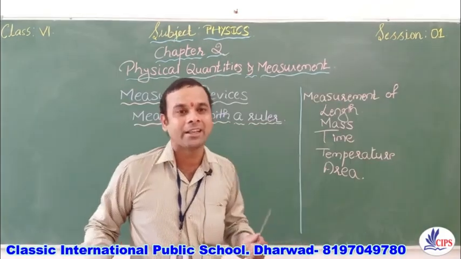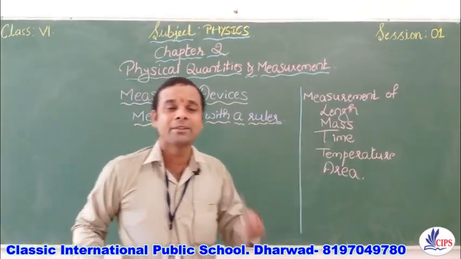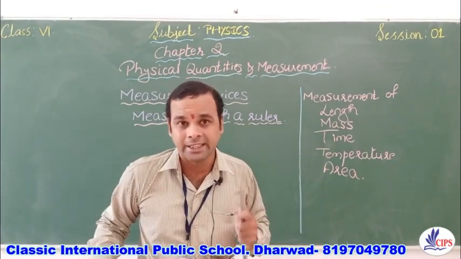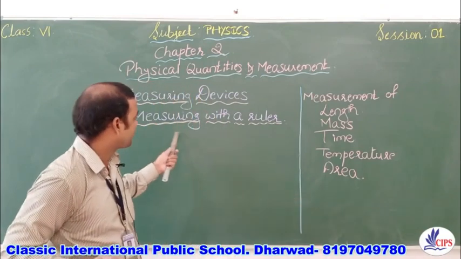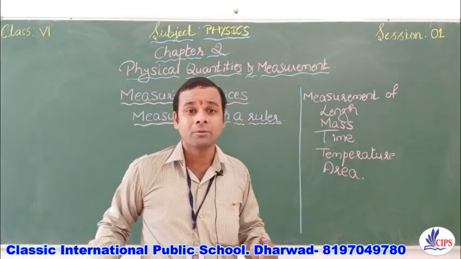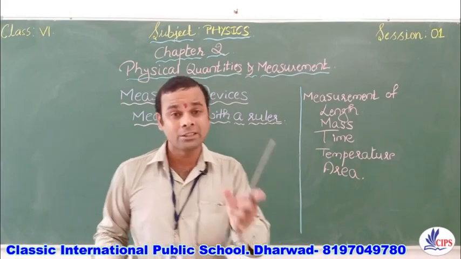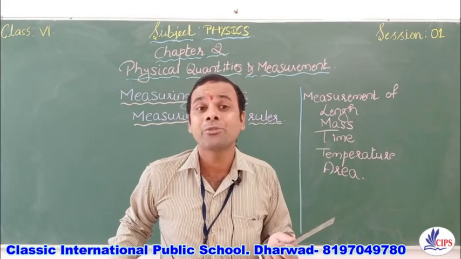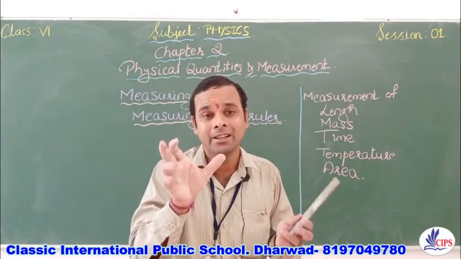Clear? Okay, so let us now discuss the different measuring devices for length. Now we are going to consider measuring with a ruler, right? In your geometry box, you have a ruler, a scale of 15 centimeter length.